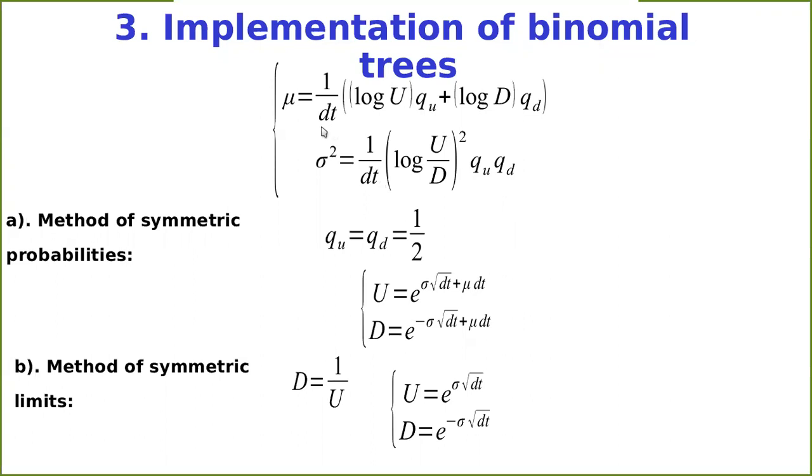But we can also find them for log returns from real historical data. We can find mu and sigma squared. For example, we have historical data S0, S1, S2, and S100.